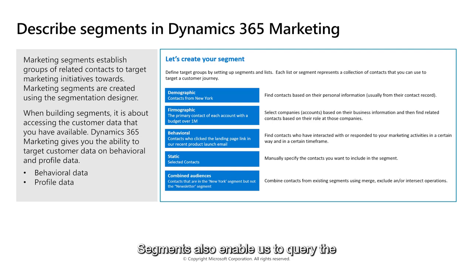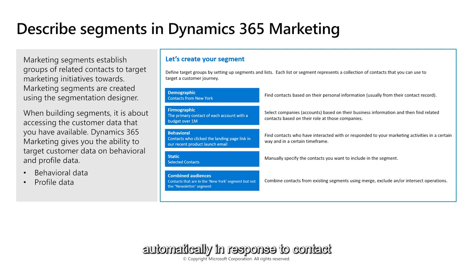Segments also enable us to query the Marketing Insights service to find contacts that may have shown engagement with marketing initiatives previously, or contacts that we may be failing to reach due to issues, such as emails being bounced. While building segments, it's about accessing the customer data that we have available. So Dynamics 365 for marketing gives us the ability to target customers based on behavioral and profile data.